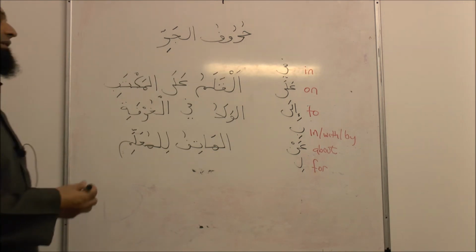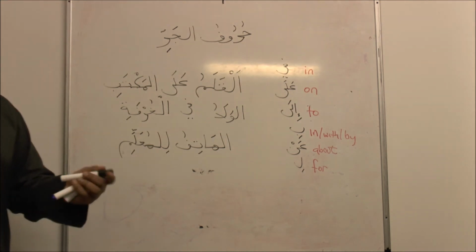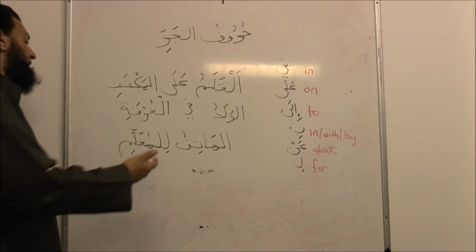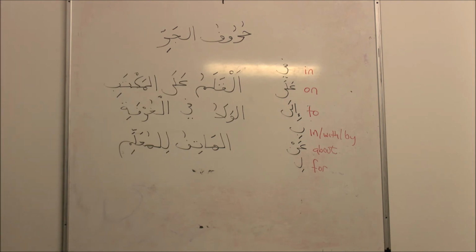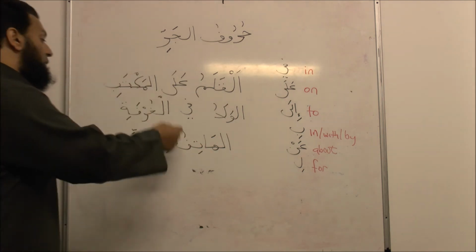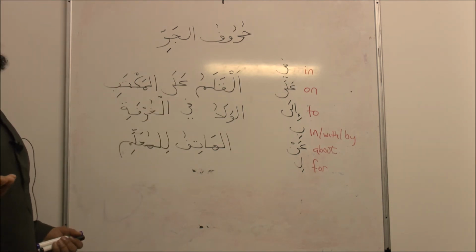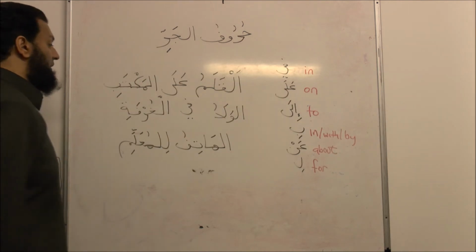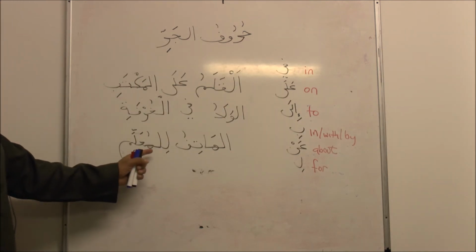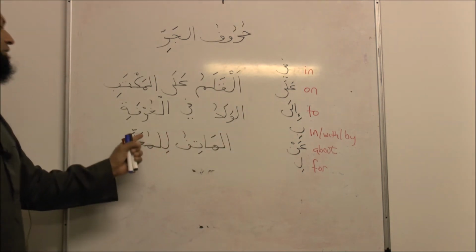Al-muallimu or al-mudarrisu or al-ustadhu is the teacher. So al-hatifu is the telephone. Why is it in its natural default state? Because it's in its default state. And then we have li for.